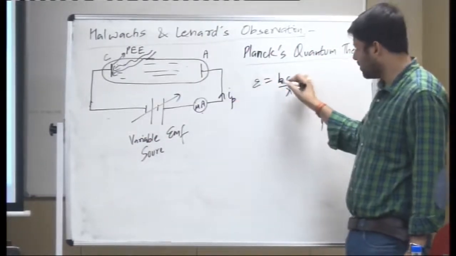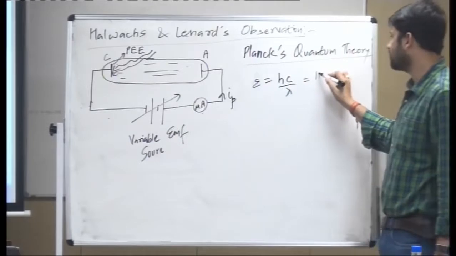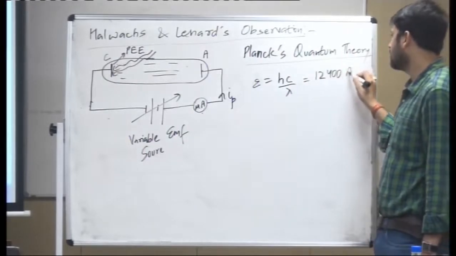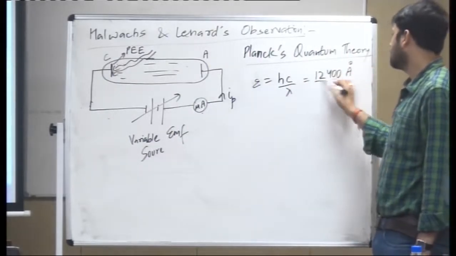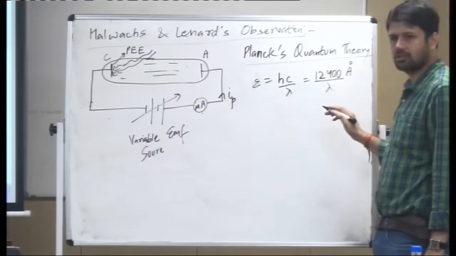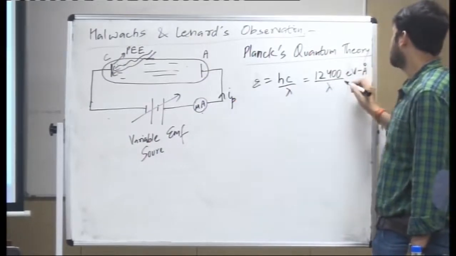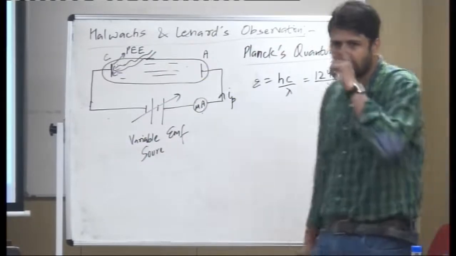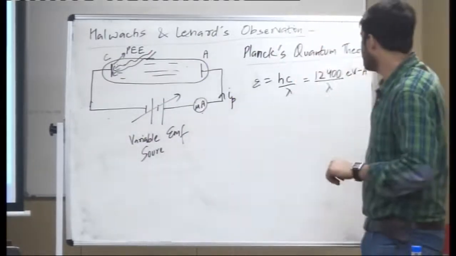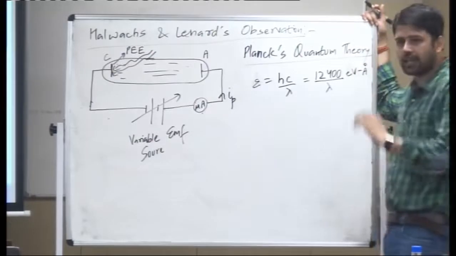Please note hc can be written as 12400 eV angstrom divided by lambda. This comes very handy when you solve questions. So hc is actually 12400 electron volt angstrom.